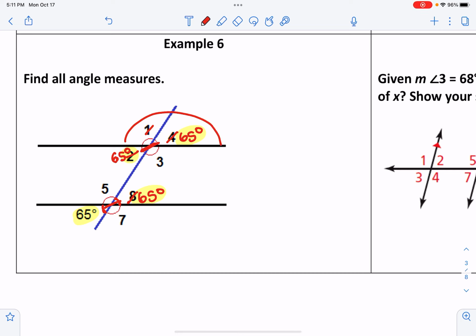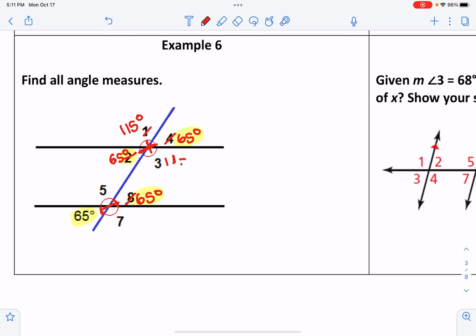All right, now let's find angle 1. Well, we've got a linear pair. So 180 minus 65 is going to be 115 degrees. Vertical with 115 is 3, so that's also going to be 115 degrees. And then if we look at this 115 and this 5, those are alternate interior, so they're congruent, so angle 5 is also 115 degrees.